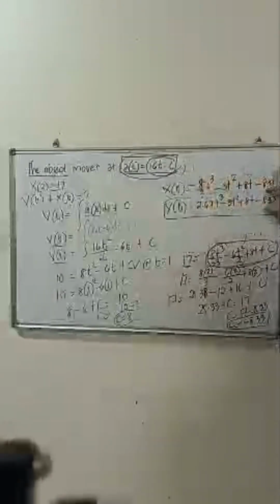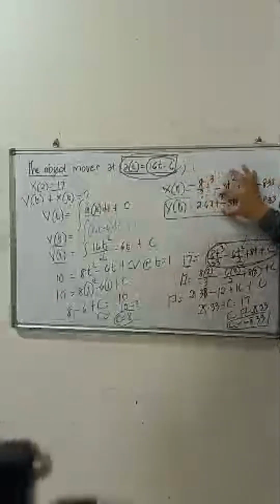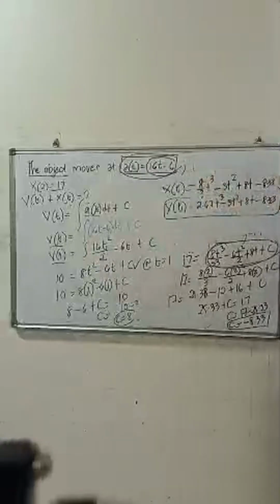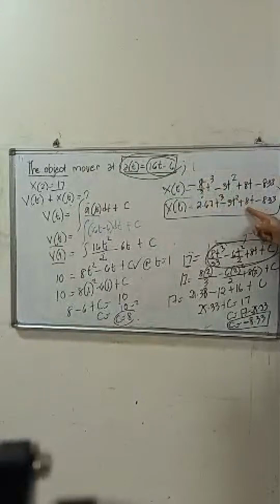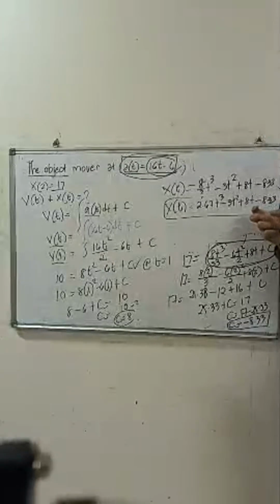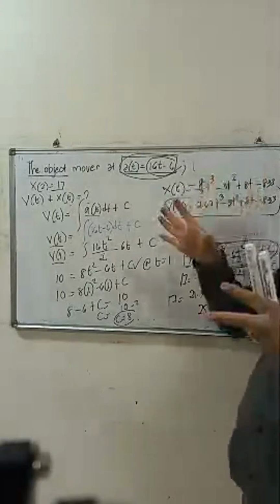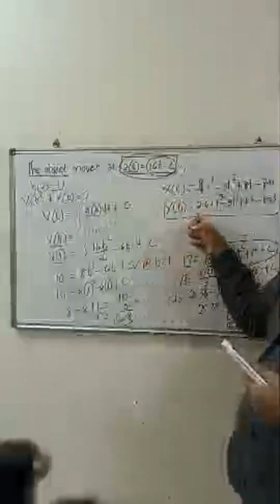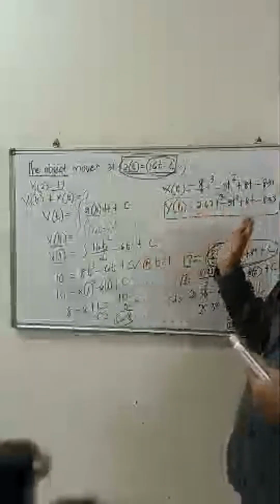In here, we can factor, and somewhere along the way you can also use the quadratic formula or quadratic equation. See, 3t squared plus 8t minus 8.33, there's a parabola here. But up to this moment, it's still a function. No need to get the values of t or whatsoever.